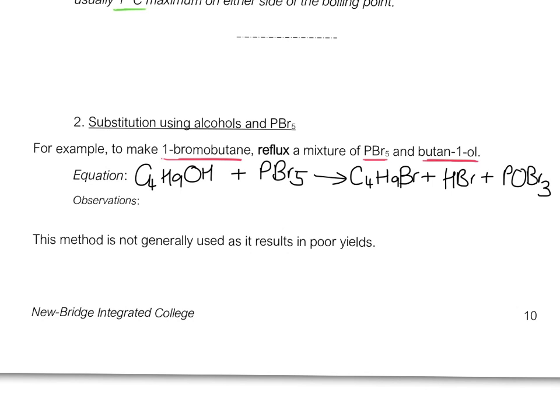Okay, under your observations section, it's just a couple of observations. First of all, phosphorus pentabromide is a yellow solid. Don't know why I wrote it in pink when it's yellow, but there you go. And when this reaction happens, we see heat being given off, and then if you remember again from our halogens topic, we've got steamy or misty fumes of our hydrogen bromide, and this is a very vigorous reaction.